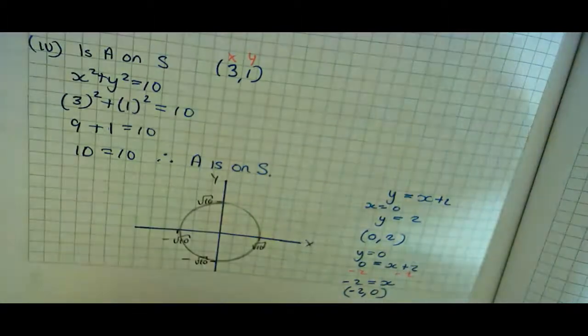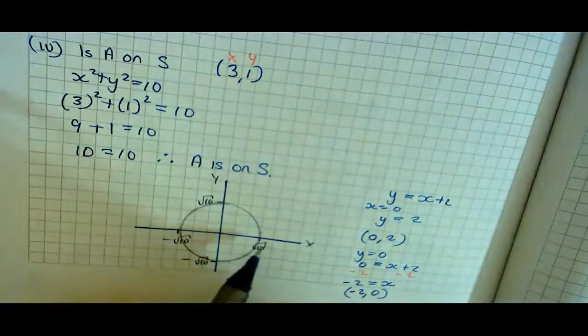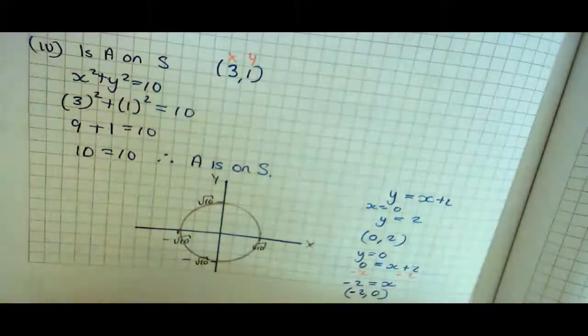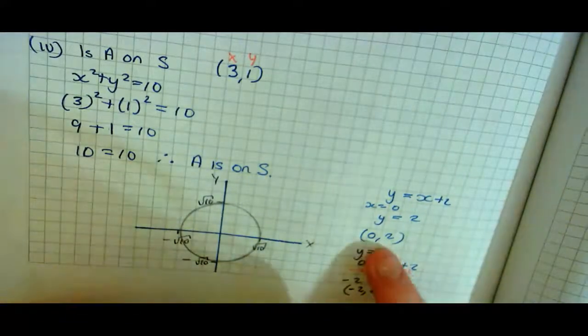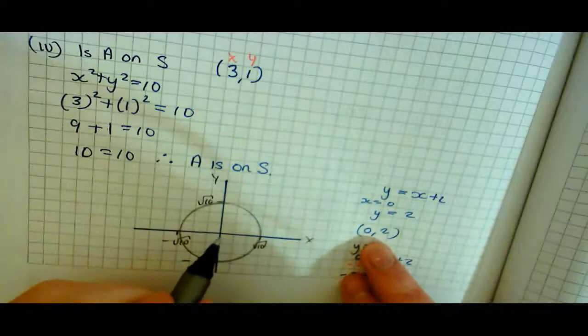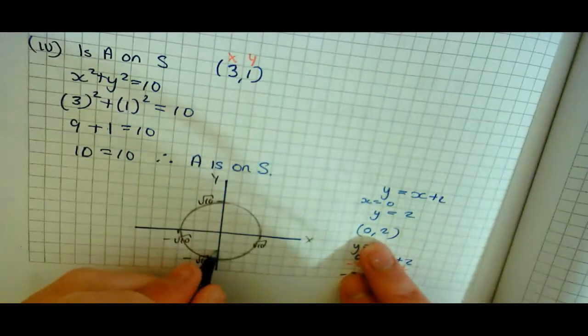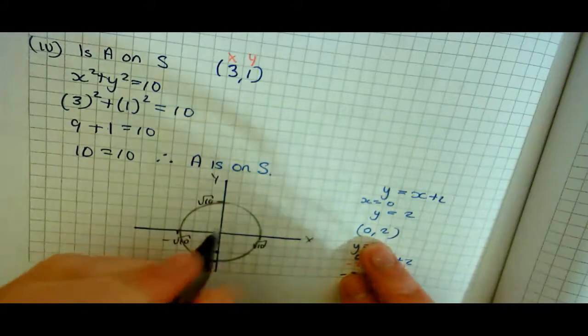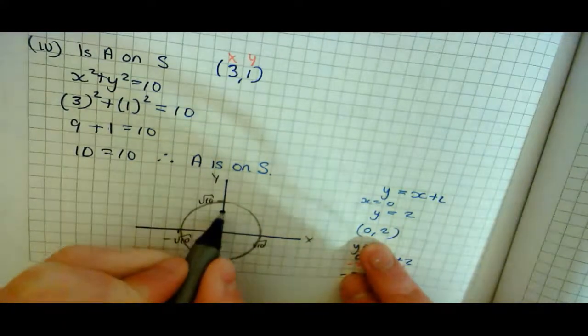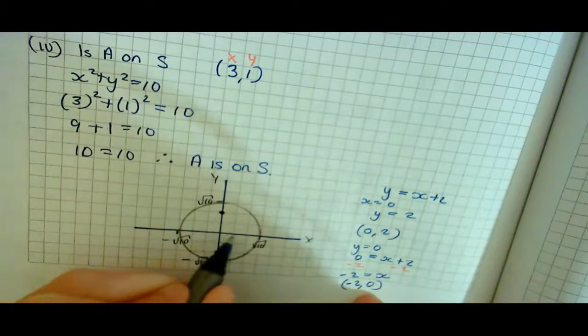So I know root 10 is roughly 3.1, so it's a little past my 3 there. So my 0 and down to 2. Up to 2, sorry, 0, 2. And minus 2, 0.